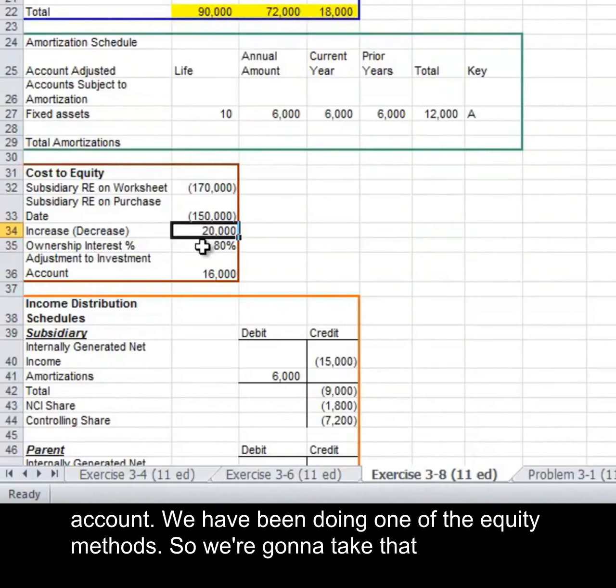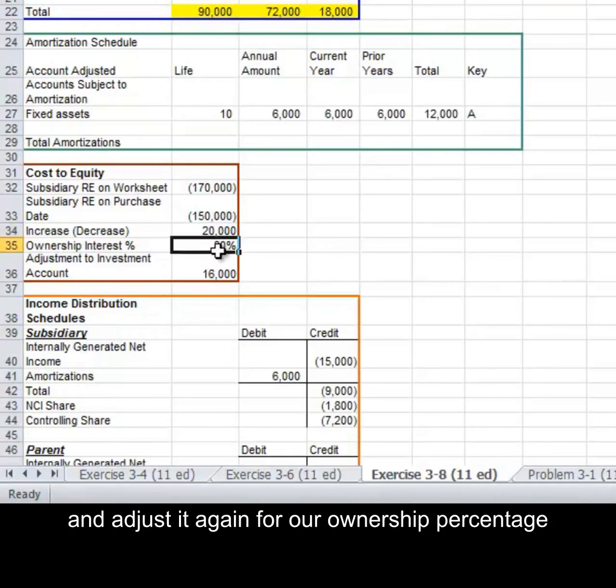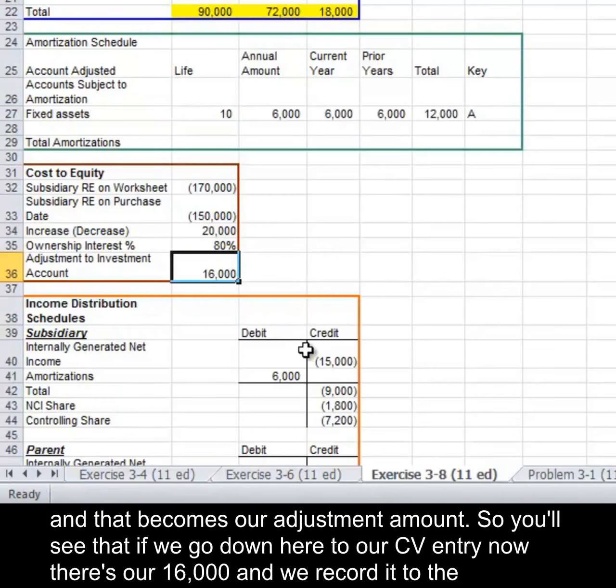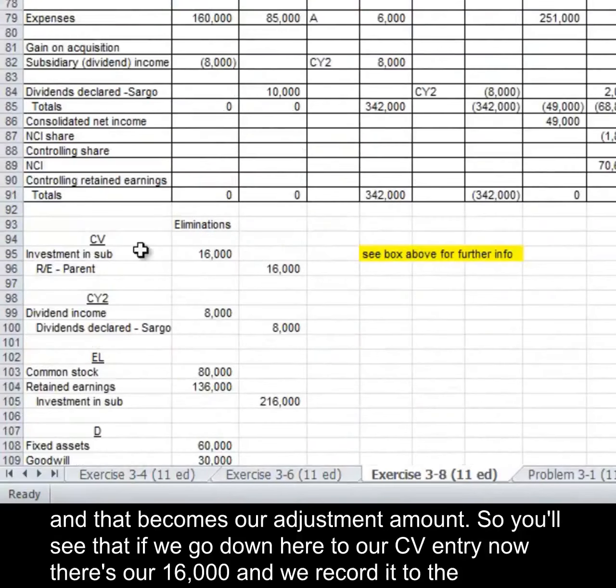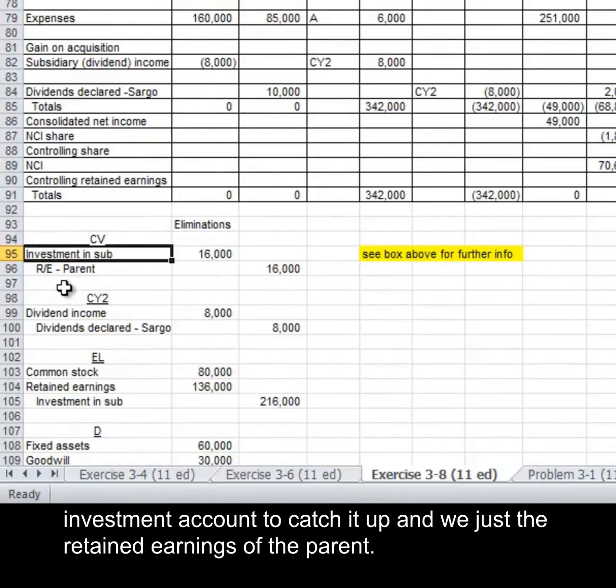We have been doing one of the equity methods. So we're going to take that and adjust it again for our ownership percentage, and that becomes our adjustment amount. So you'll see that if we go down here to our CV entry now, there's our $16,000, and we record it to the investment account to catch it up, and we adjust the retained earnings of the parent.